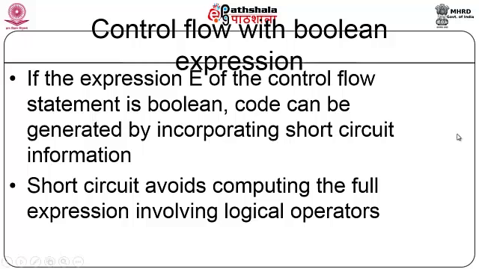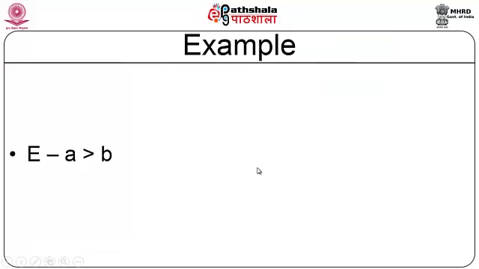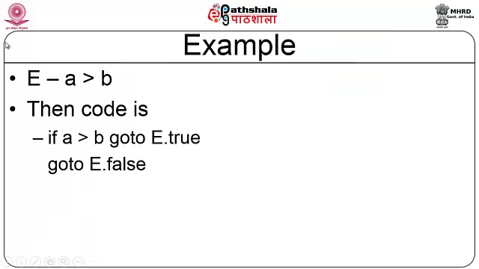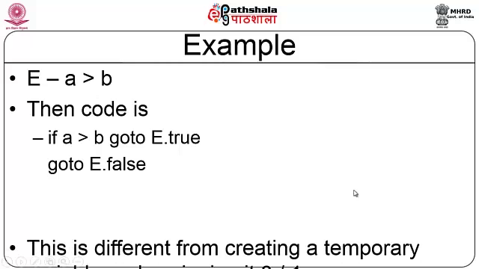Now the short circuit information avoids evaluating a complete expression that is involving logical operators. So for example, if I have the expression A greater than B, then the corresponding code will be: if A greater than B, go to E dot true, go to E dot false. This will be the corresponding 3 address code for this particular expression.